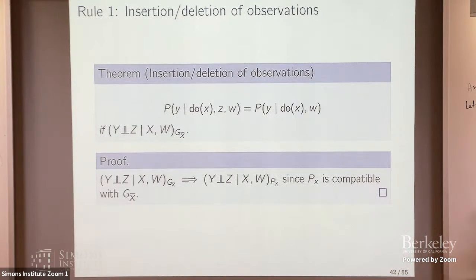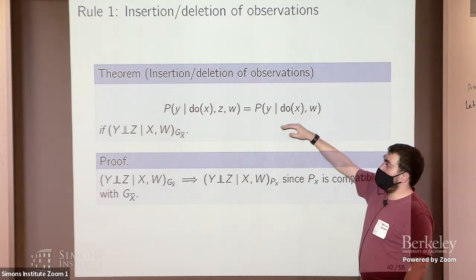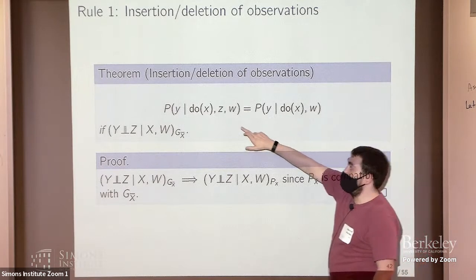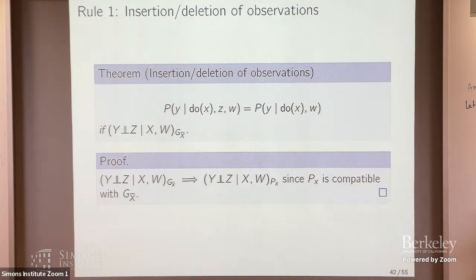So I'm directly using the soundness of d-separation to conclude that I can just drop this Z from this expression. Let me draw an example to illustrate what this might look like.